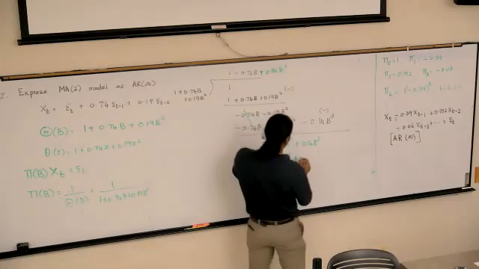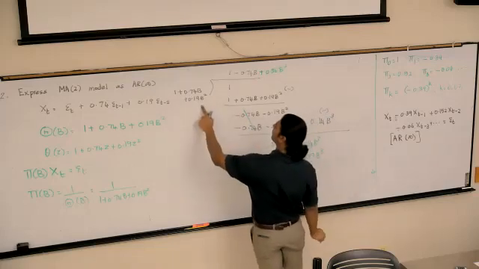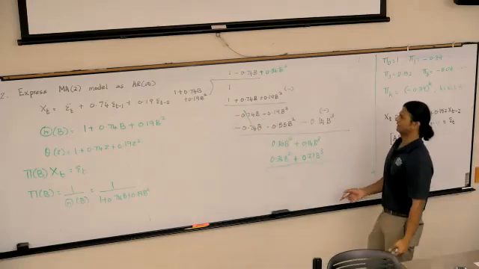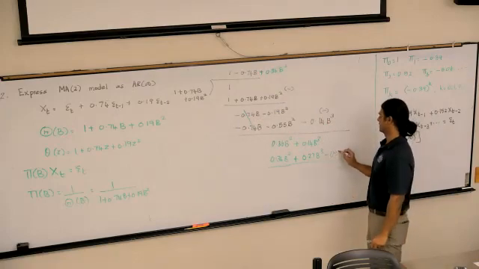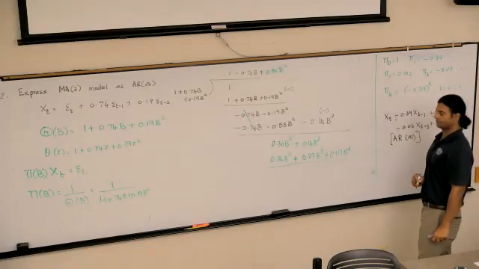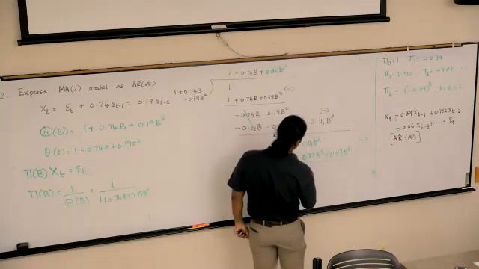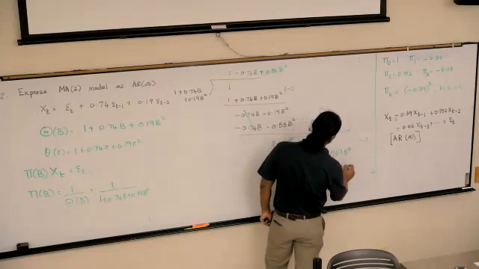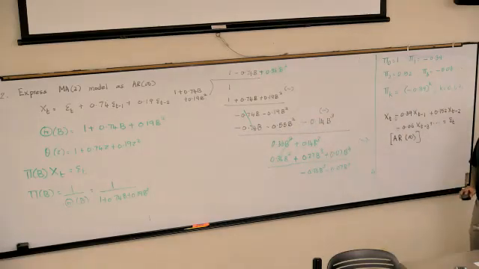The next one would be 0.36 times 0.19, that's 0.07B cubed. Subtract. Those two would go away. Minus 0.13B cubed. Good.